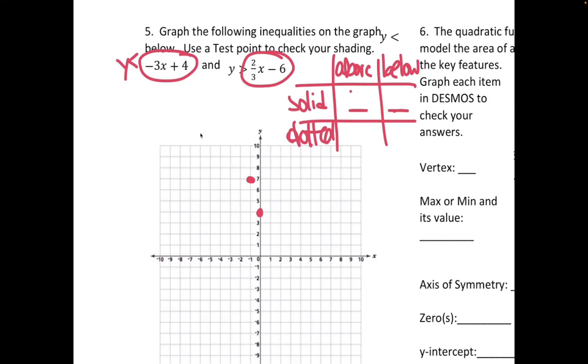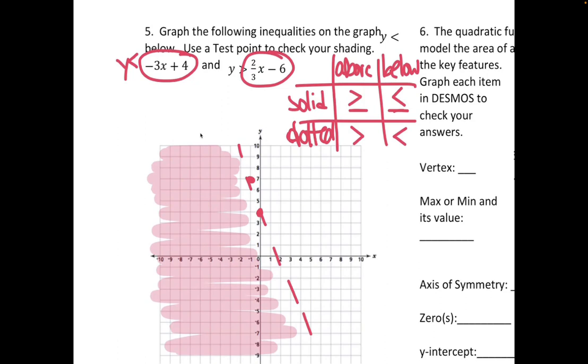If it's solid above, it's greater than, below is less than. That makes sense. And then dotted does not have the or equal to line. I don't have the or equal to line, so I'm going to go ahead and draw my dotted line. And when you do this on the computer and you graph these lines, you need to be very, very specific about where you put those dots. That's why I suggest putting it in Desmos and looking for those coordinates.